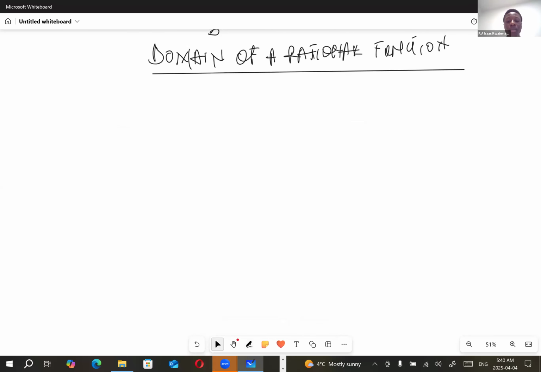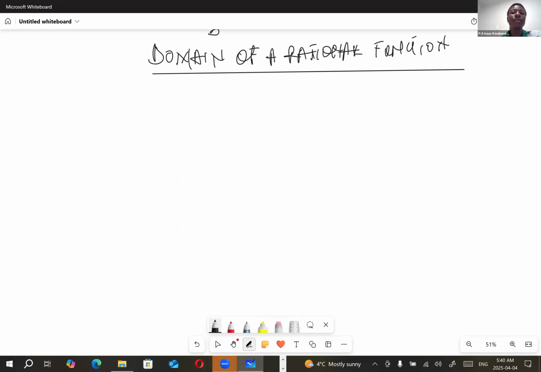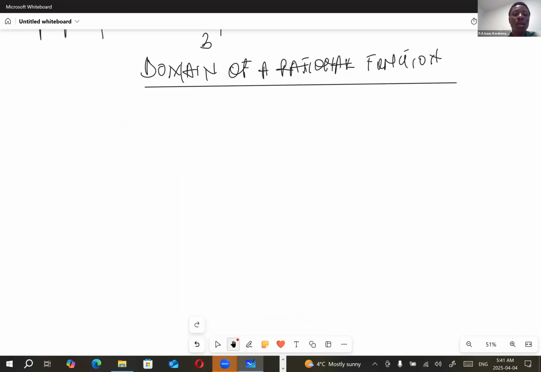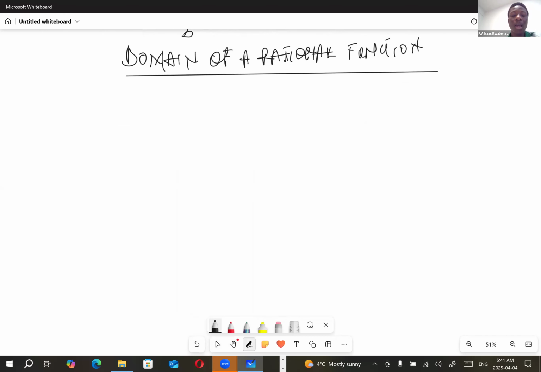All right. To find the domain of a rational function, first of all, you have to set or equate the denominator to 0. That's the first thing you have to do, and find the values that make the denominator 0.